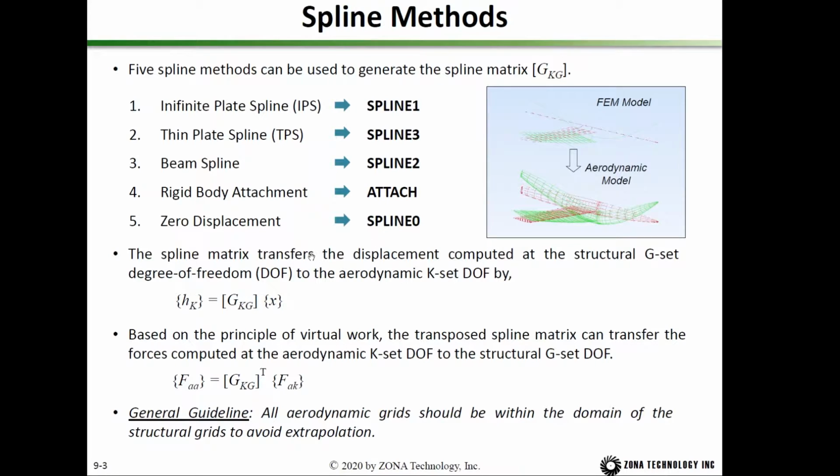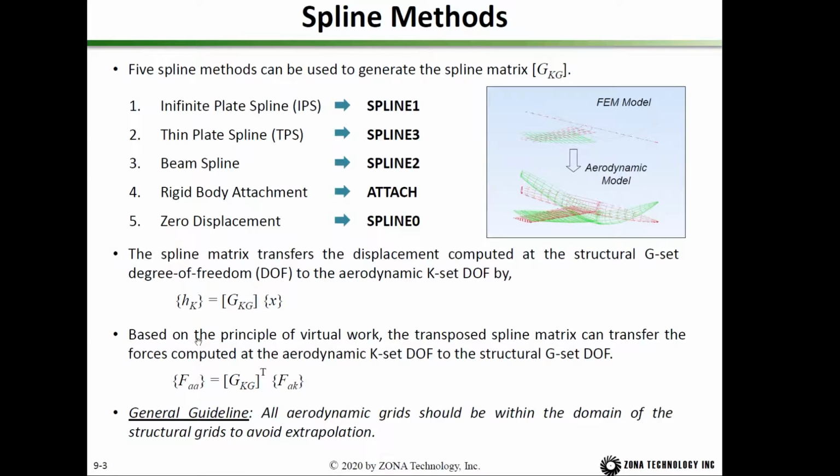So the spline matrix transfers the displacement computed at the structure G set to the aerodynamic K set by a spline matrix. So this is a G set mode shape, and then there's a K set mode at the ZONAIR panel model.